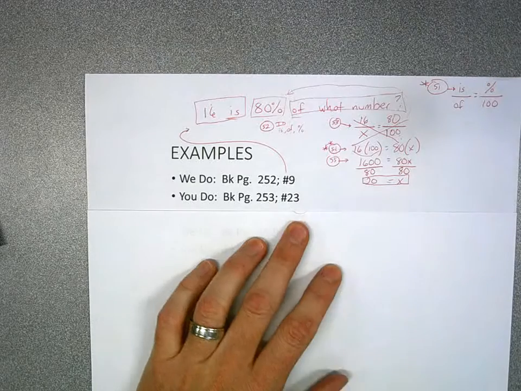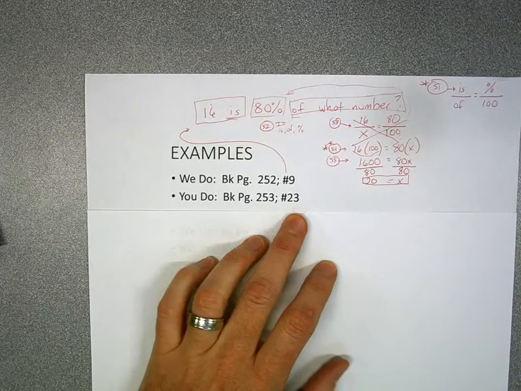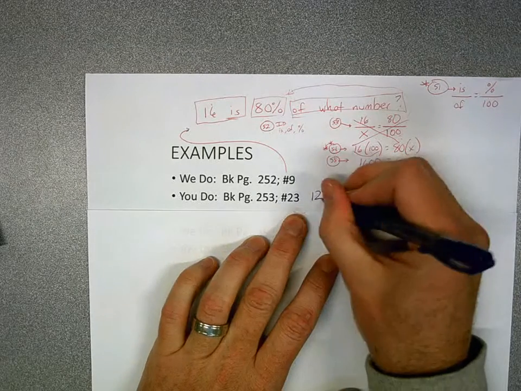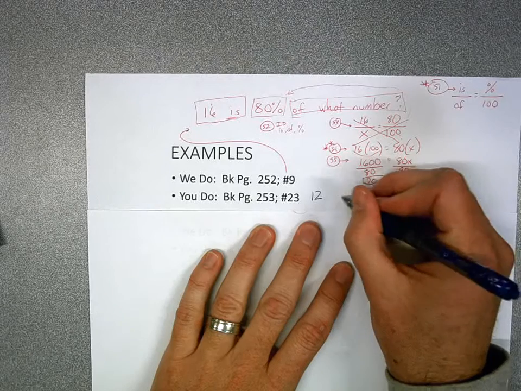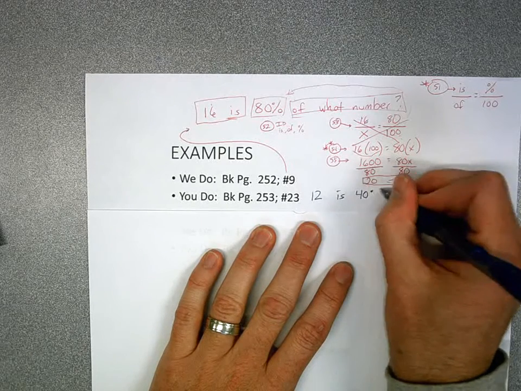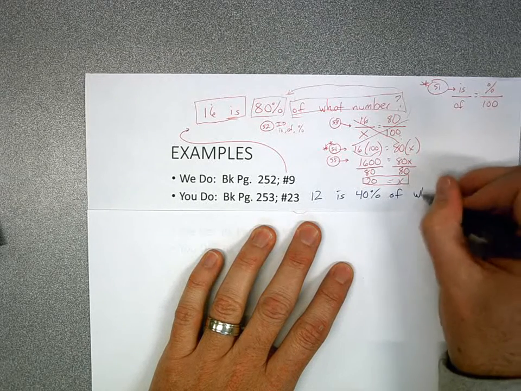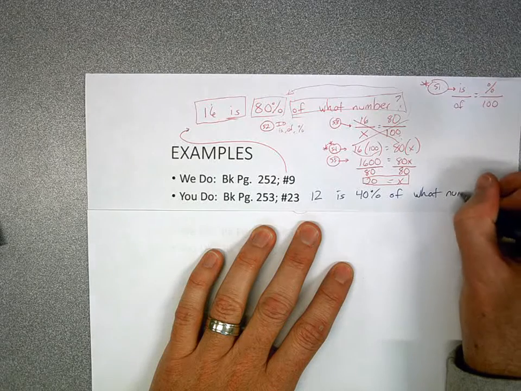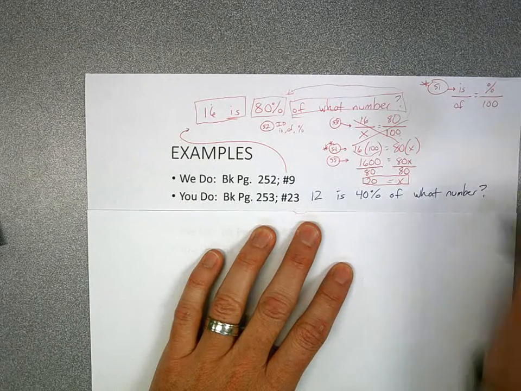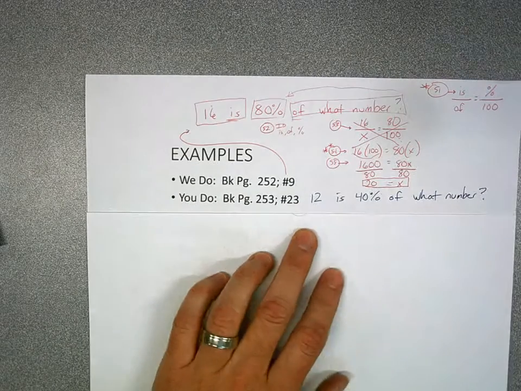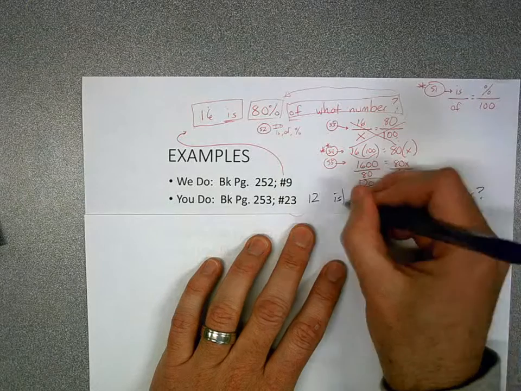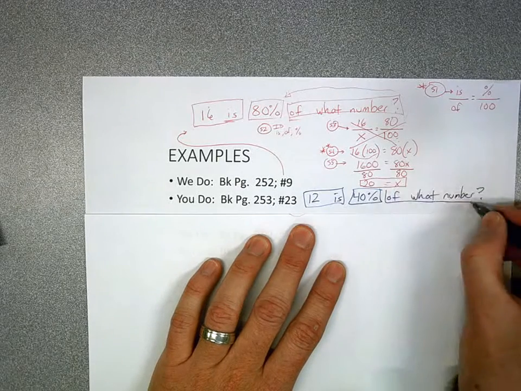Okay, here we go. Problem number 23 said 12 is 40% of what number? The way it's worded is very much like the other one. Here's our percent, here's our is, our of is what we're trying to figure out.